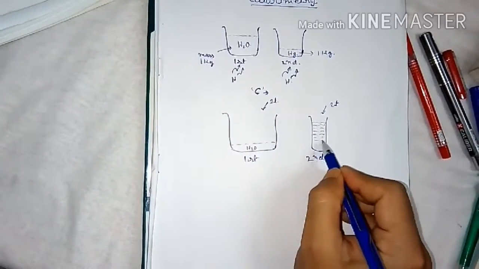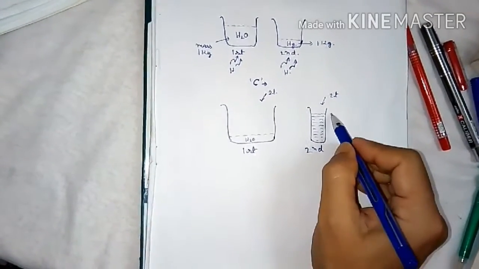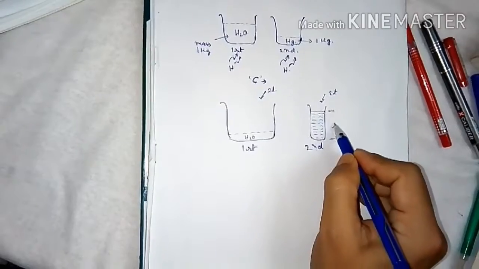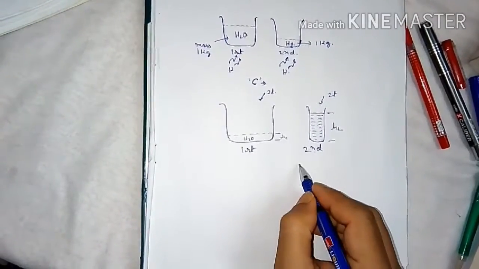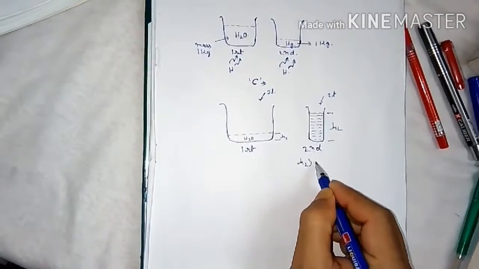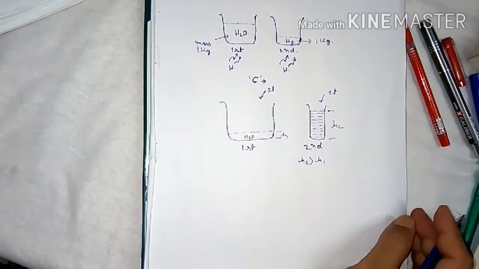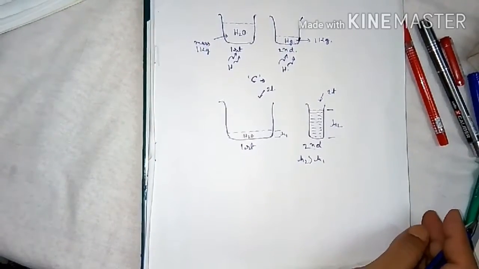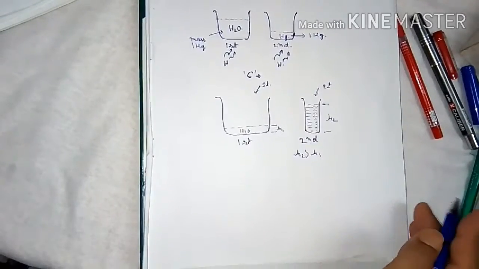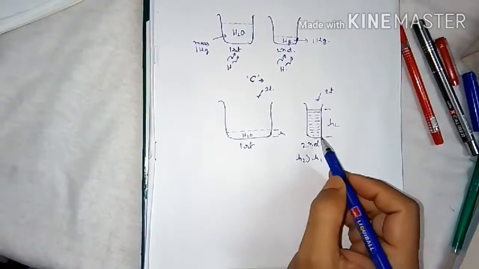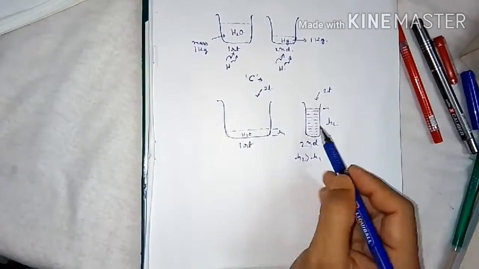You can imagine the height of the water in the second container will be more. This one H2, this one H1. So obviously H2 is greater than H1. Why does this happen? This is because the capacity of the second container is less than that of the first container.